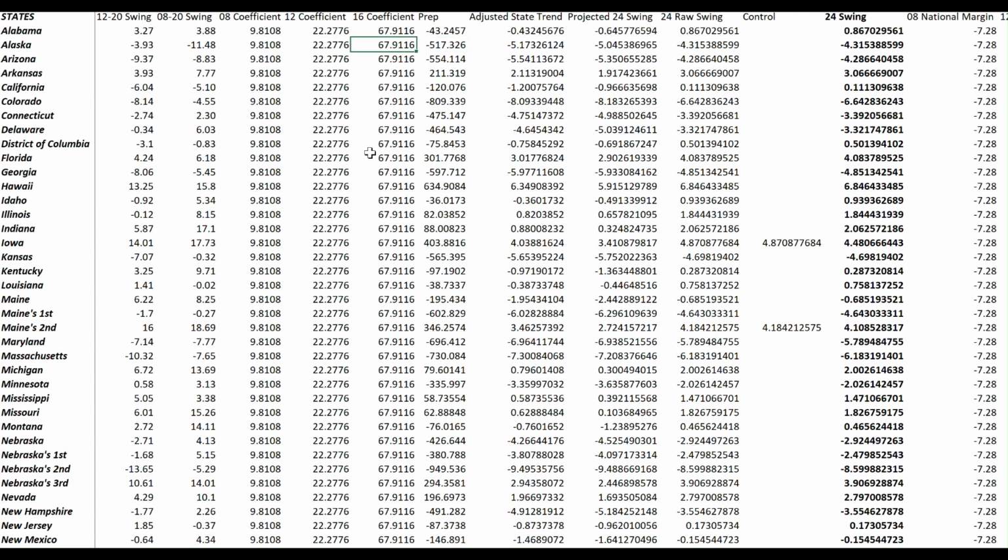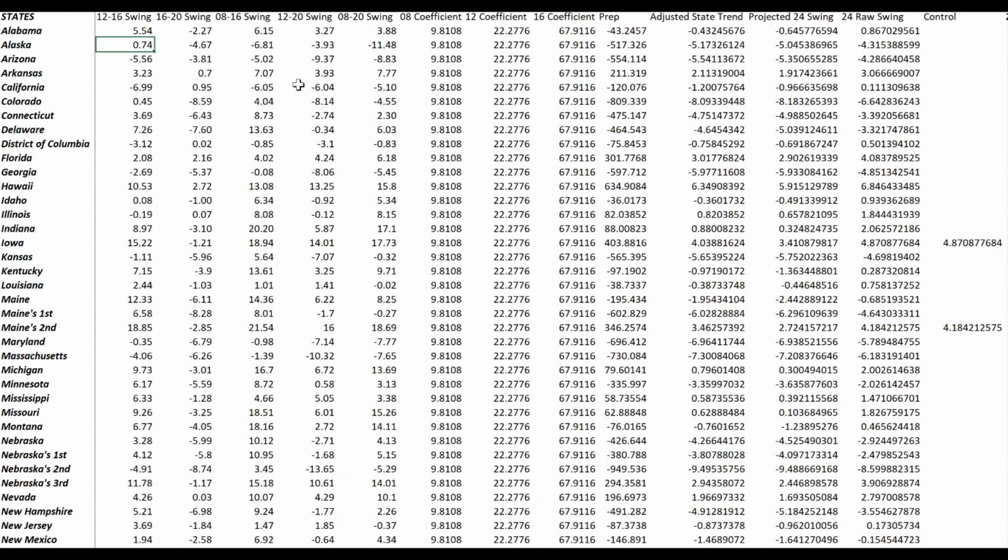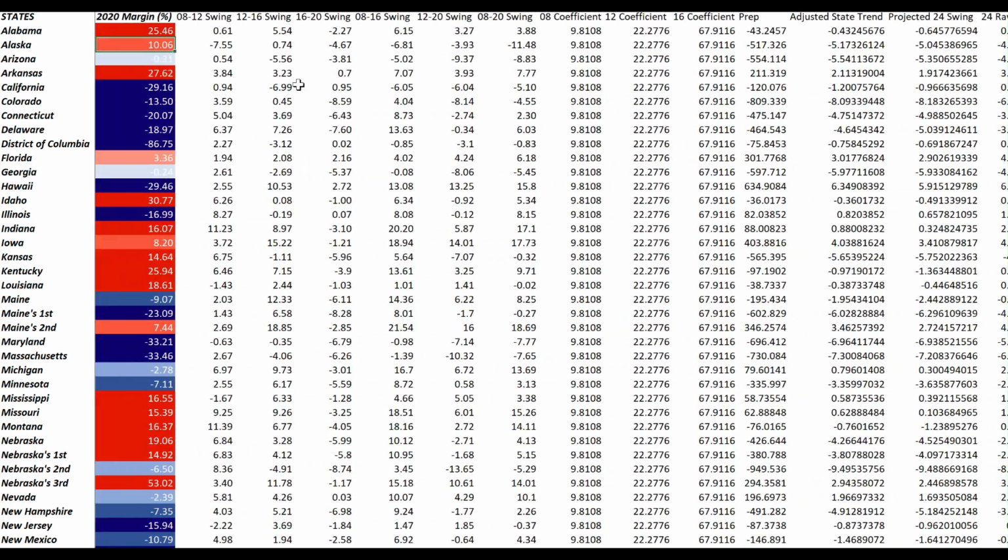I'll spare you the details, but as you can see here, we have the coefficients that are fit for the regressions, and then we take into account how states shifted in raw numbers from 2008 to 2012, then from 2012 to 2016, and then from 2016 to 2020, as you can see right here in the map.